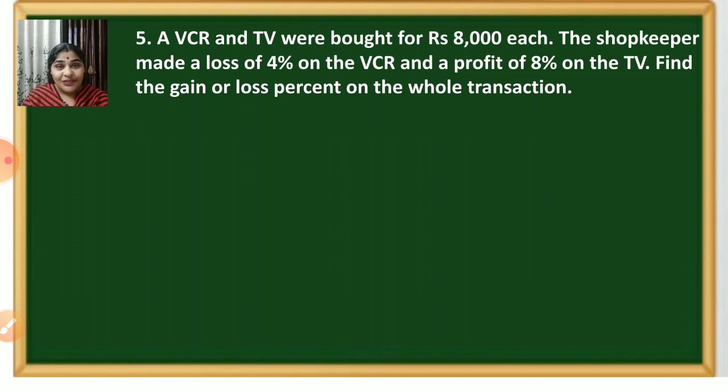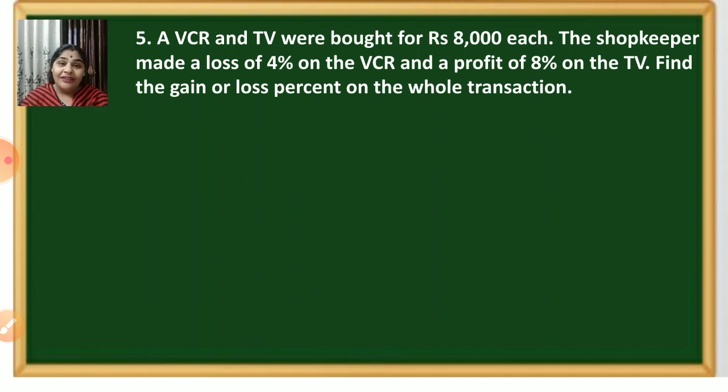So what is the concept children? First we will find the total cost price of VCR and TV. Then we will find the selling price of VCR and TV. Now separately we have to find, because of VCR there was a loss when he sold, and when he sold the TV there was a profit. Once we get the selling price of VCR and TV children, then we will add it and we will find the total selling price.